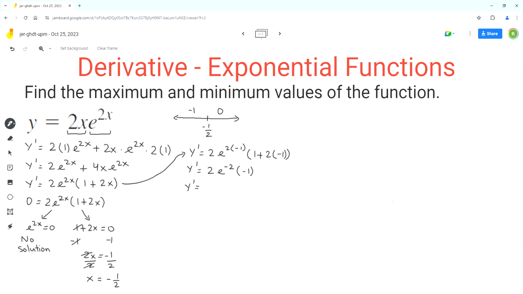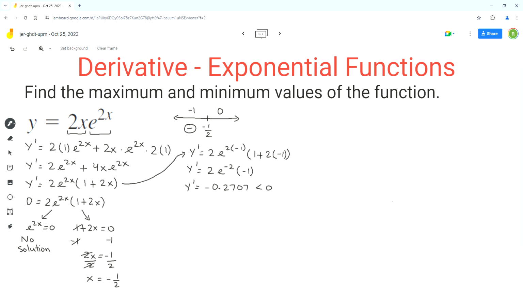Now we can evaluate this expression. I got a negative value, -0.27. I rounded the answer to 4 decimal places. Now this value is less than 0. That means on the left side of the critical number, the function is decreasing.